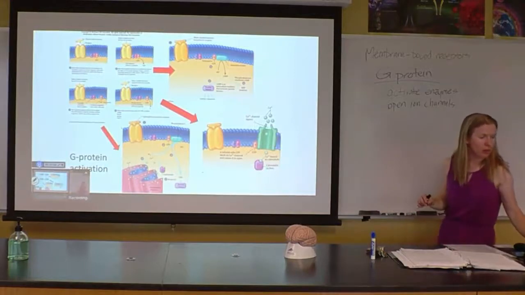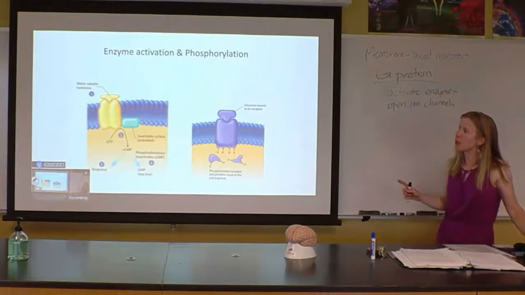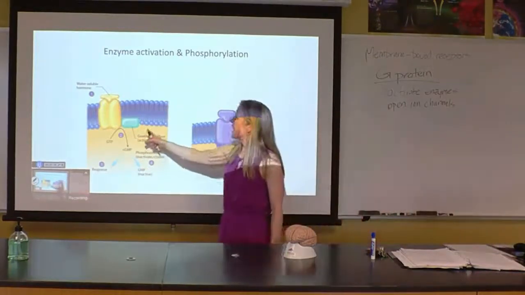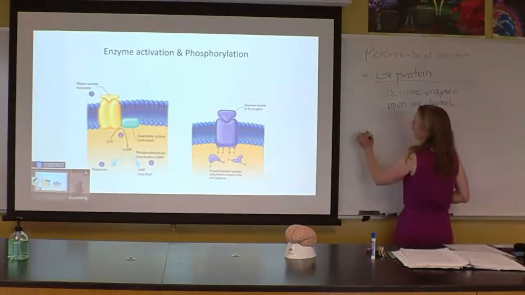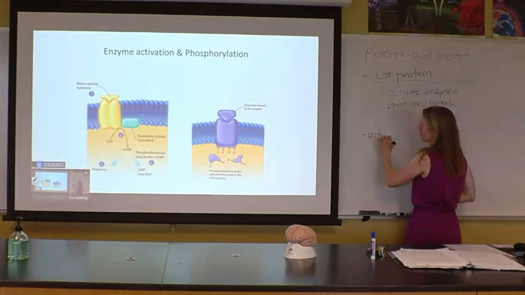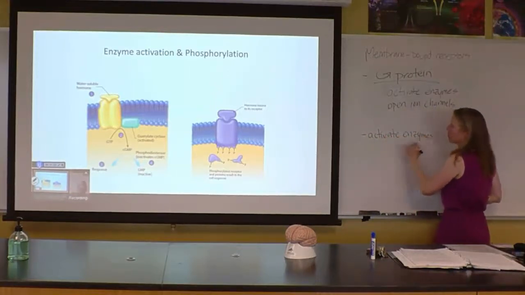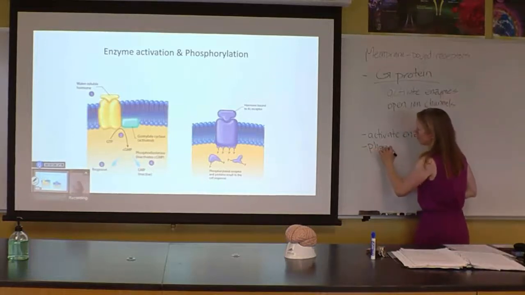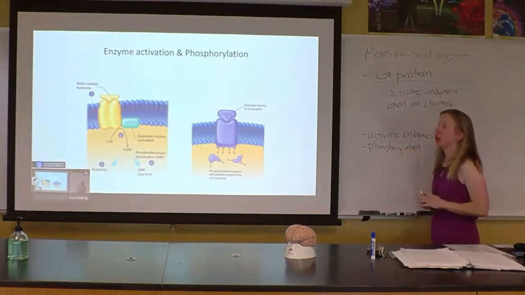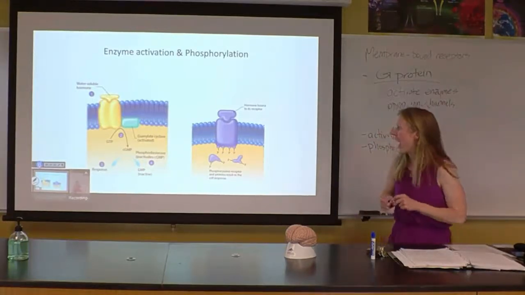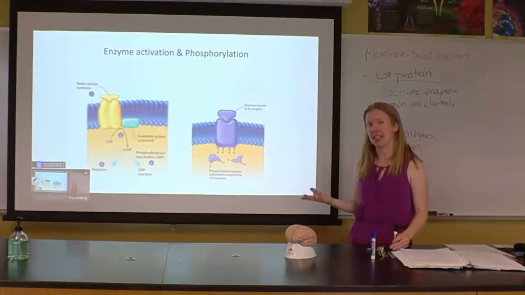There are some receptors that don't use the G protein that we see taking place here, but again, we're activating enzymes, or in this case, we're phosphorylating. Phosphorylation is just a fancy way to say you're adding phosphate groups onto something, but that's a really common way in the body to activate things.